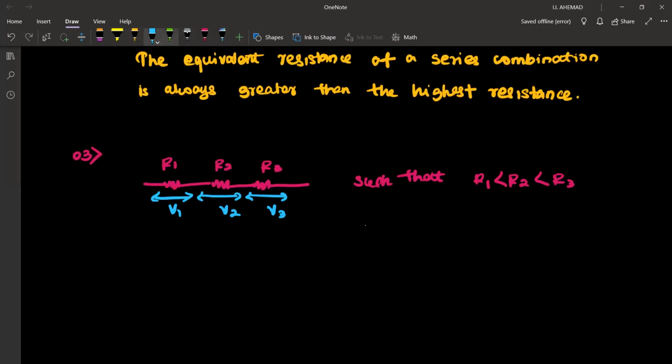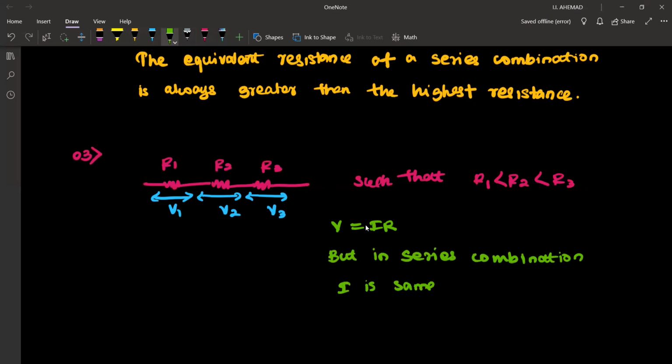We know that V is equal to IR, but in series combination, I is the same through each resistor.